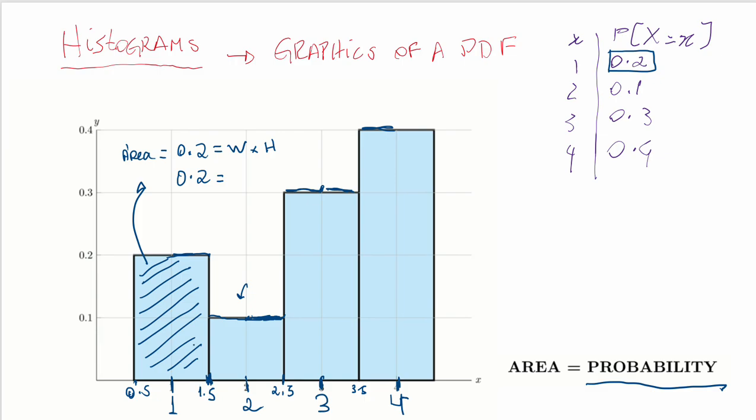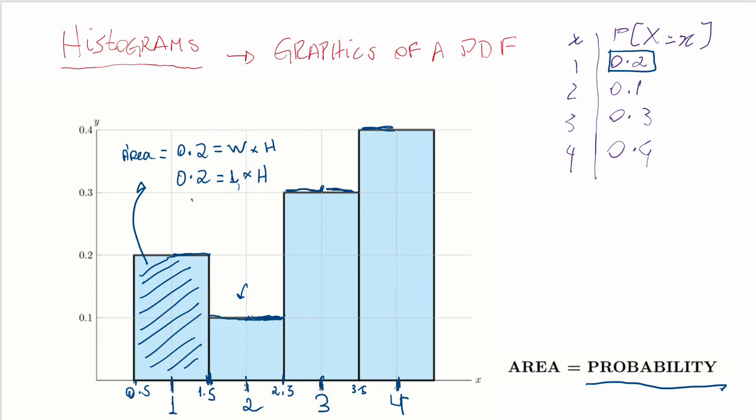So if you have dental floss and a ruler and you put the dental floss between 0.5 and 1.5, the length of the dental floss is 1, okay? So the width here actually is 1.